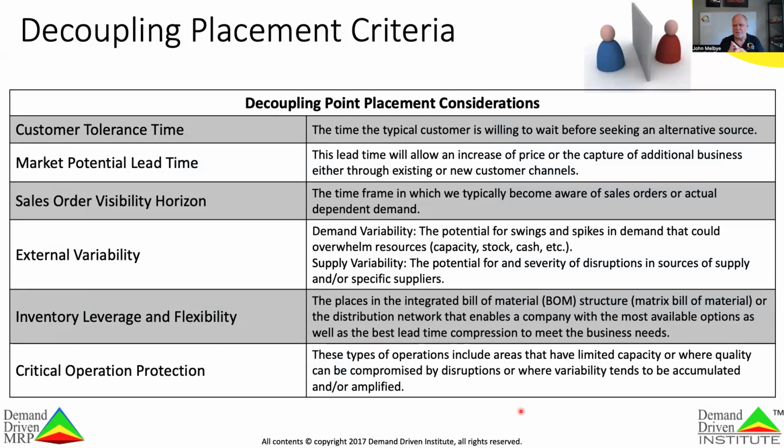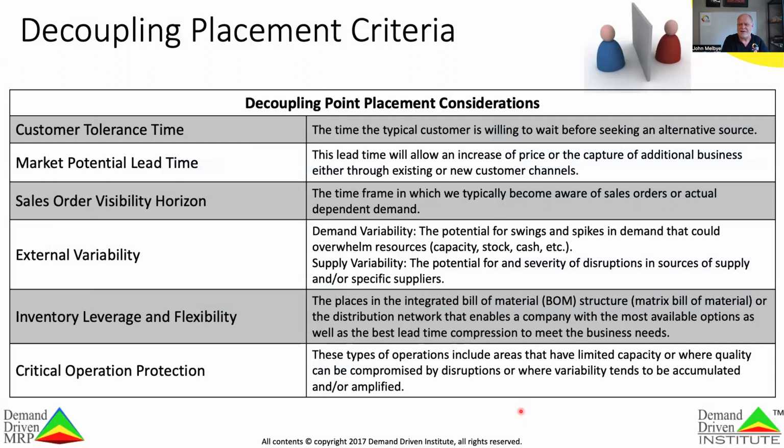If the customer is willing to wait 1 day, you probably need inventory at the end item. If they're willing to wait 10 days or 20 days, then you can put it somewhere, maybe all the way back to raw materials. Market potential lead time.